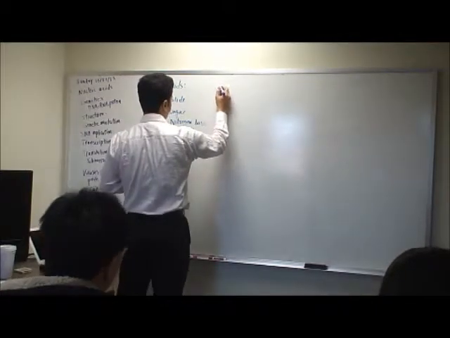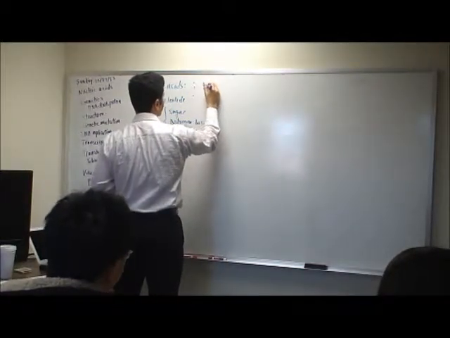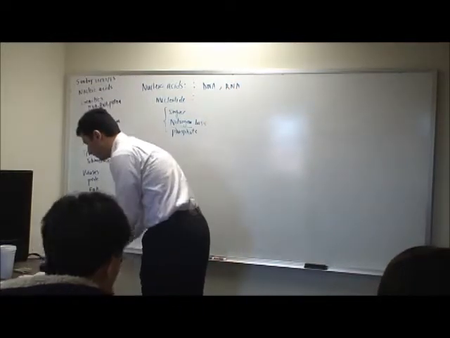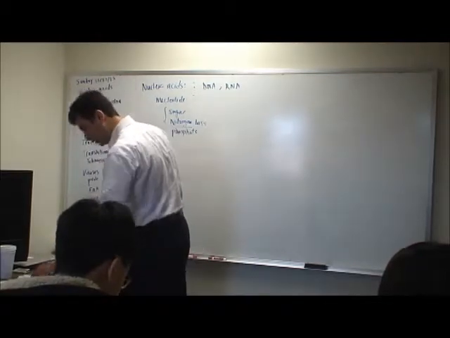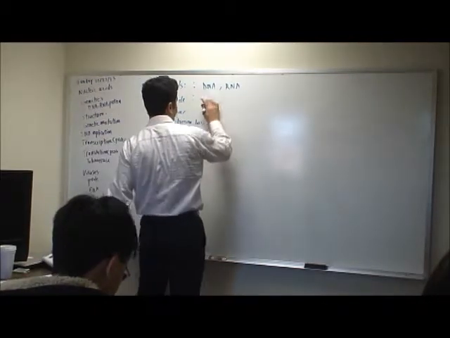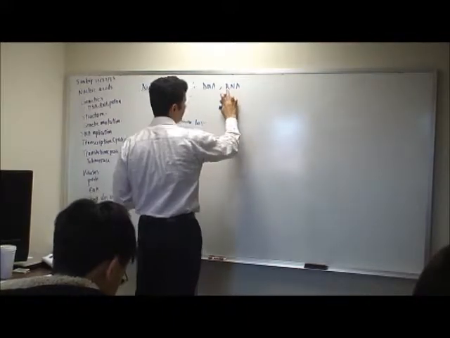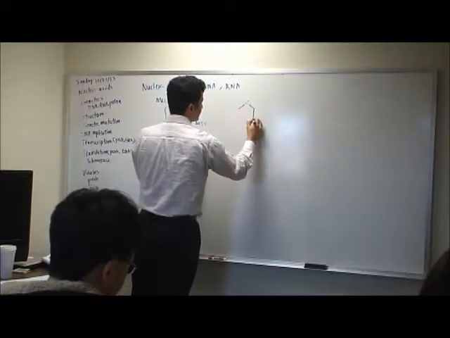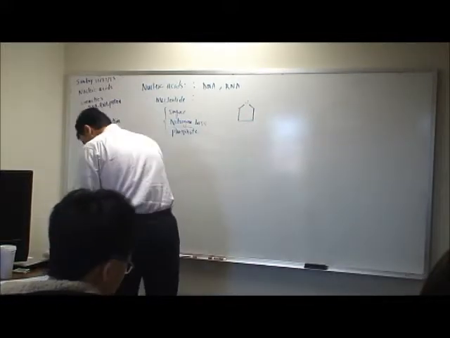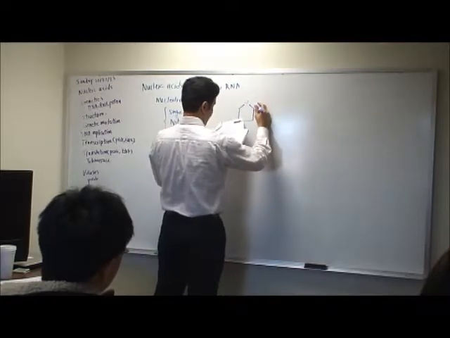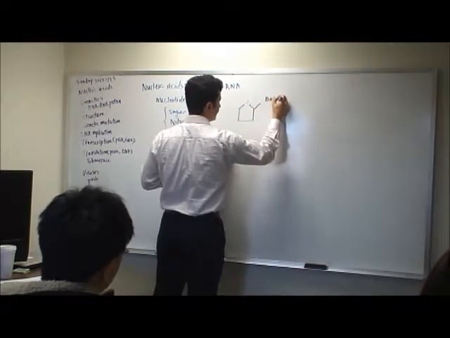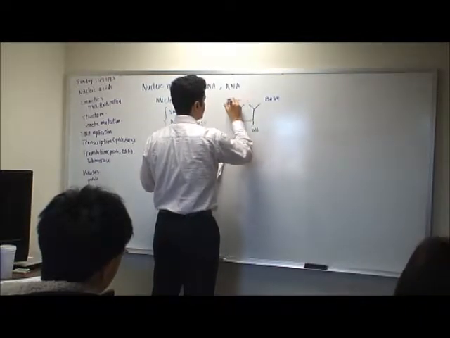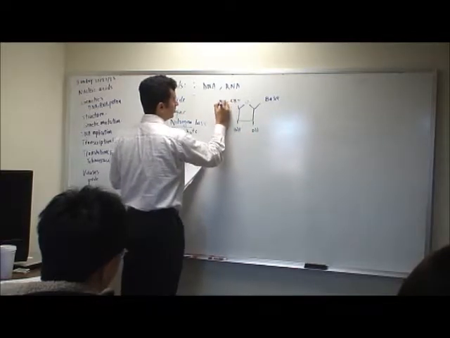And there are two nucleic acids. One is called DNA, the other one is called RNA. DNA stands for deoxyribonucleic acid. RNA stands for ribonucleic acid. The structure of ribose is a five-member ring. This is the part that you attach to a base, OH, and CH2, and then you get OP.